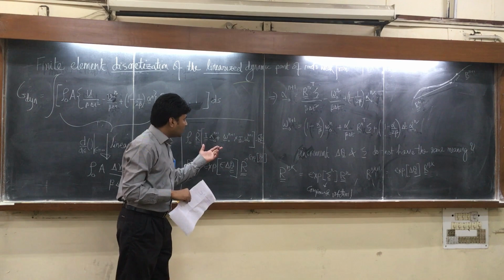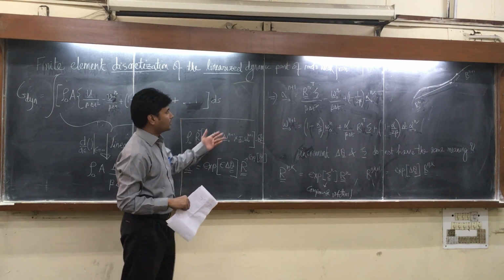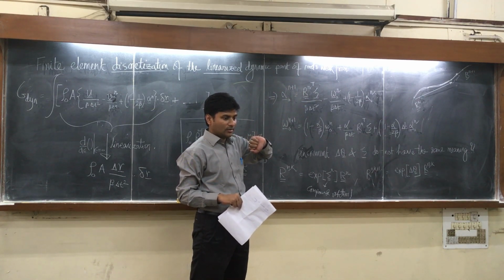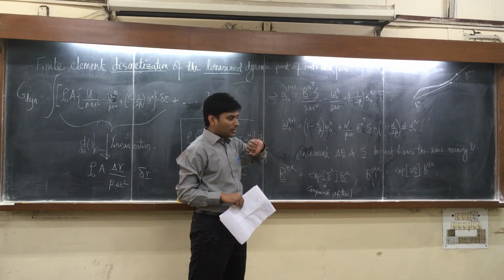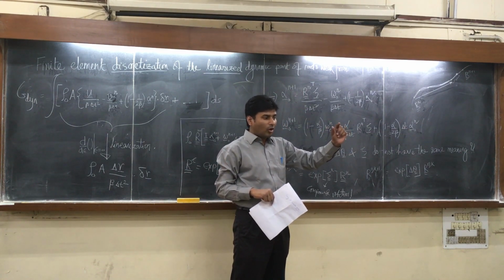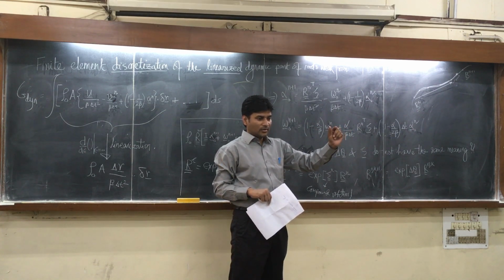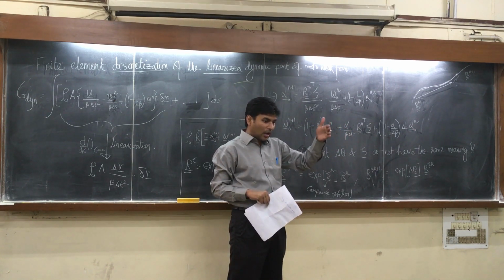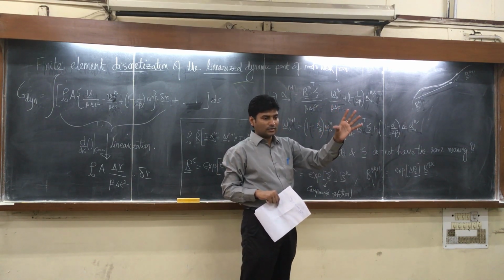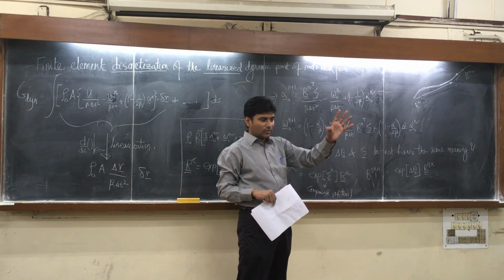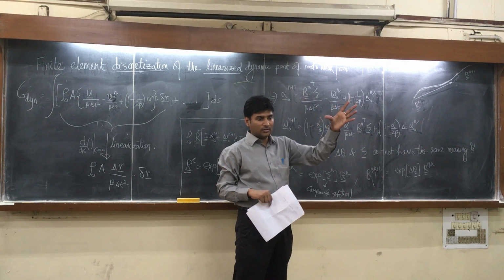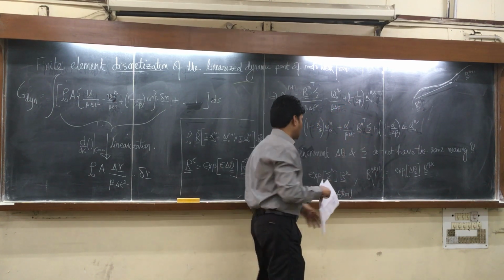But the problem is, we wrote down these things, alpha naught n plus 1, for example, in terms of zeta. We haven't written in terms of delta theta. So let's say we are at the kth iteration of the Newton-Raphson scheme. At that iteration, we have to again linearize and get the stiffness matrix. So at the kth step, when you linearize, what are you going to write?